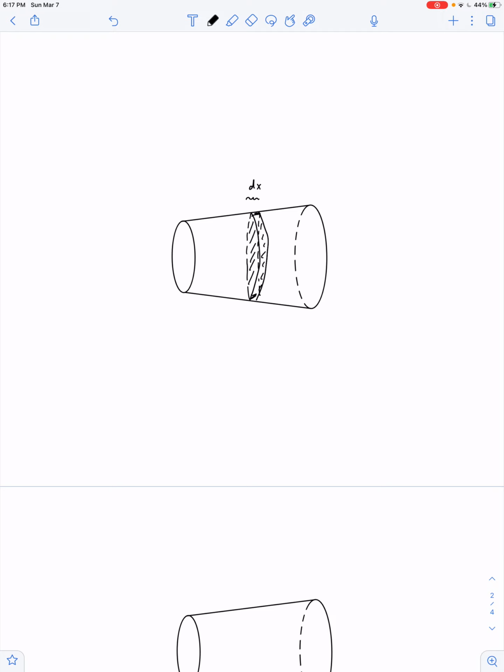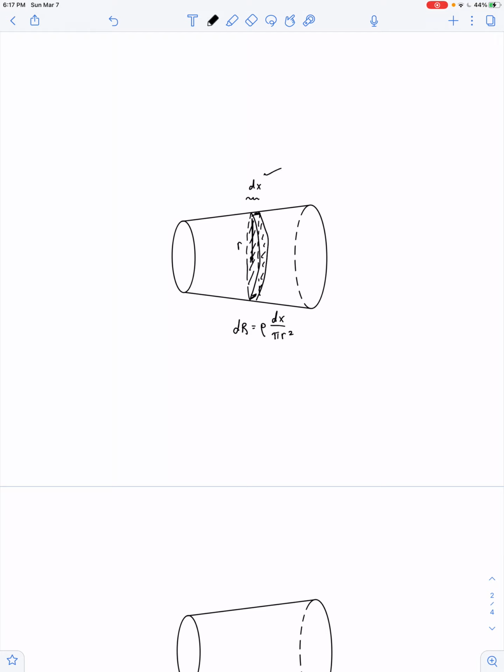So we could say dR, the little bit of resistance of this slice, is rho times its length, which is dx, divided by its area, which would be pi, and we'll just say the radius here is some value r, so divided by pi r squared.